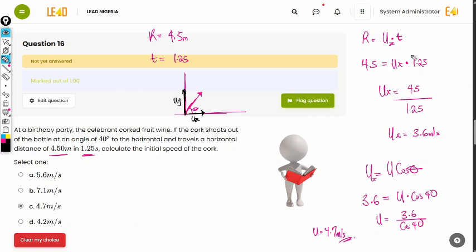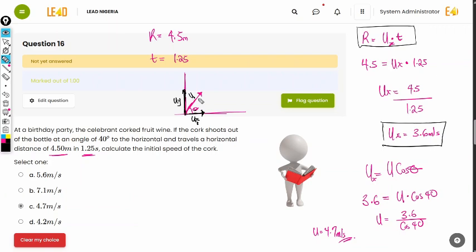For the x component, acceleration in that direction is 0, so it's easy to say that my velocity, which is constant, will be 3.6 meters per second, just the distance over time formula. I don't need my vertical, but for my resultant, I know that u cos theta is ux. So if u cos theta is ux, then I can solve backwards, given that I know what theta is, to get the value for u. All right, so that's for question 16.